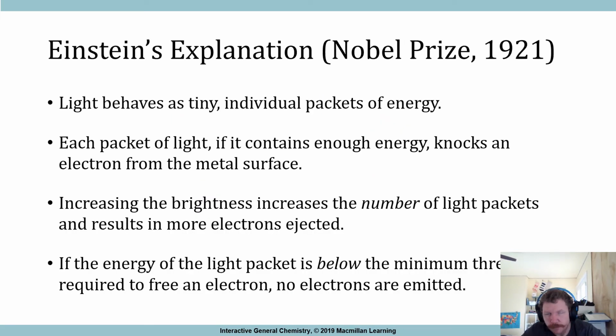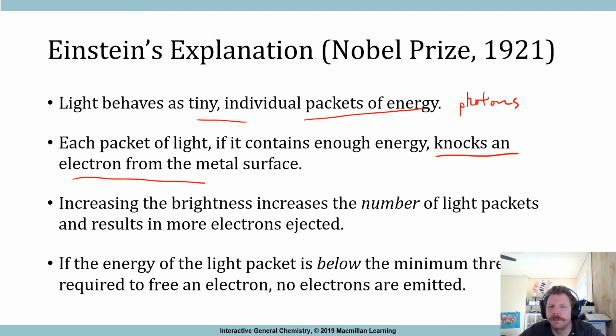Einstein's explanation for this won him the Nobel Prize in 1921, and he proposed that light behaves as tiny individual packets of energy, known as photons. Each packet of light, if it contains enough energy, knocks an electron from that metal surface. Increasing the brightness increases the number of light packets and results in more electrons being ejected.